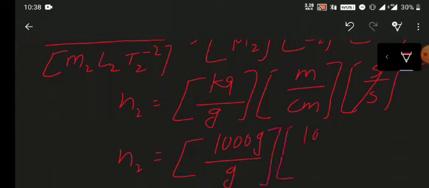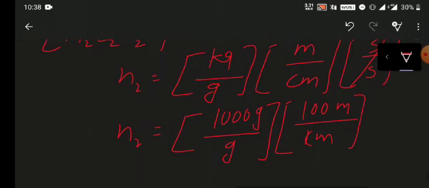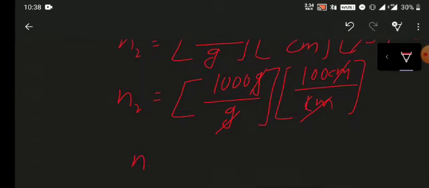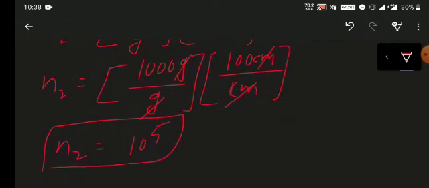You know that 100 centimeter is a 1 meter, so this is the form of centimeter. So gram to gram cancel out, centimeter to centimeter cancel out. So the final N2 is equal to 10 raised to the power 5. So it's mean you can easily understand that 1 Newton is equal to 10 to the power 5 dyne.